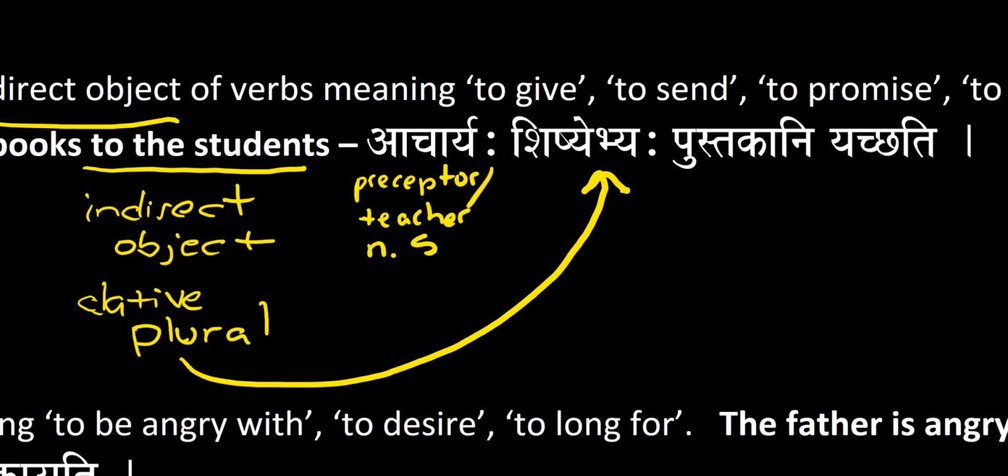Pustakani is the object of the sentence, so that is going to be accusative plural. You know that it is a neuter noun because of the case ending that it has: pustakam, pustake, pustakani is accusative plural.